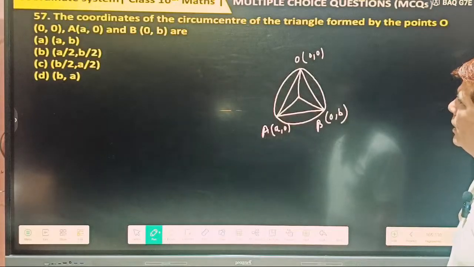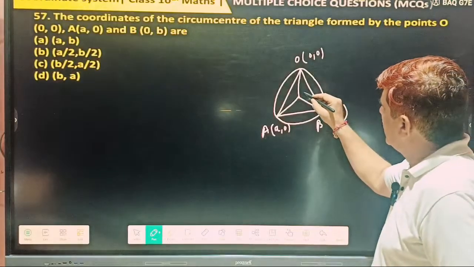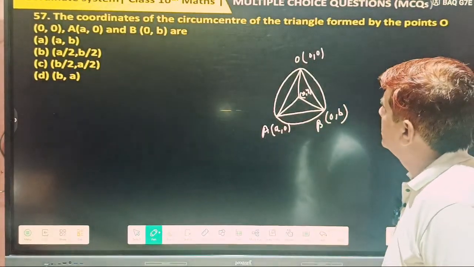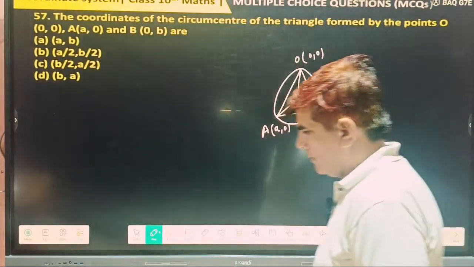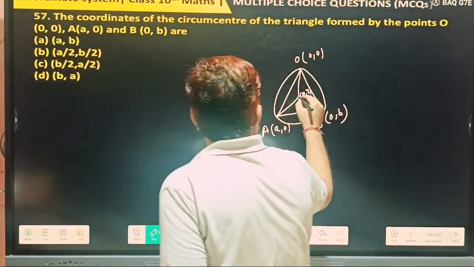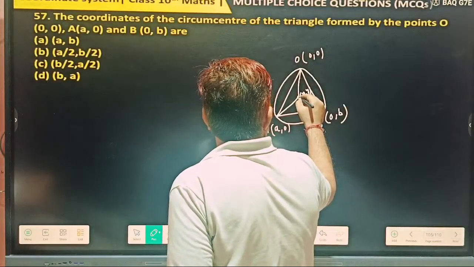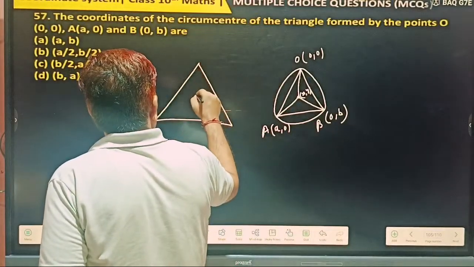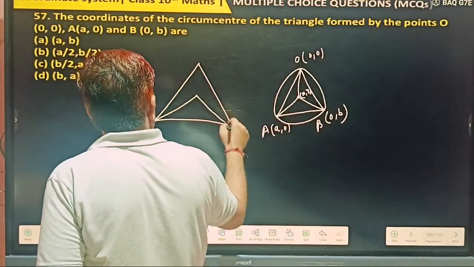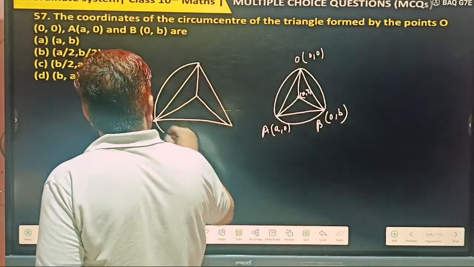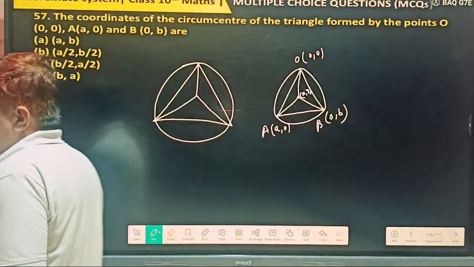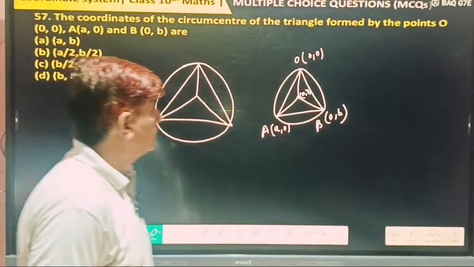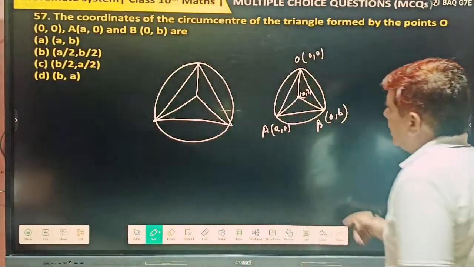So what do we have to find out? Let the coordinates of this point be X and Y. What are the coordinates of this point? X and Y. So what can you say about this point?